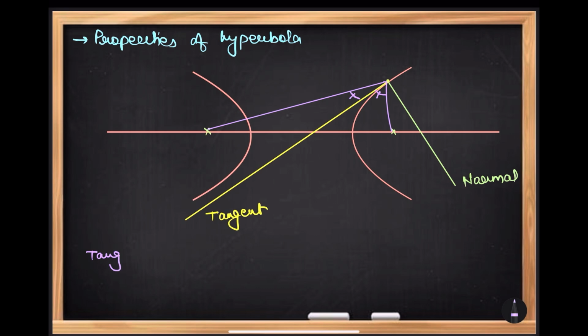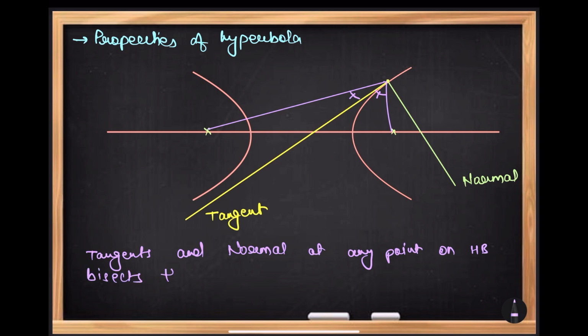Tangent and normal at any point on the hyperbola bisects the angle between the focal radii.